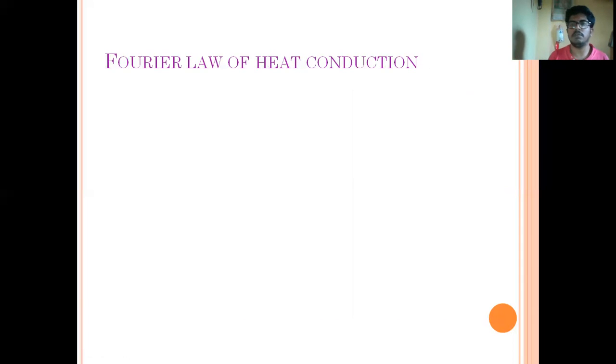Next, I'm explaining Fourier's law of heat conduction. It states that the heat transfer dQ by dt through a homogeneous solid material is directly proportional to the area A in a direction normal to the heat flow, and to the temperature difference along the path of heat flow, that is dT by dx.